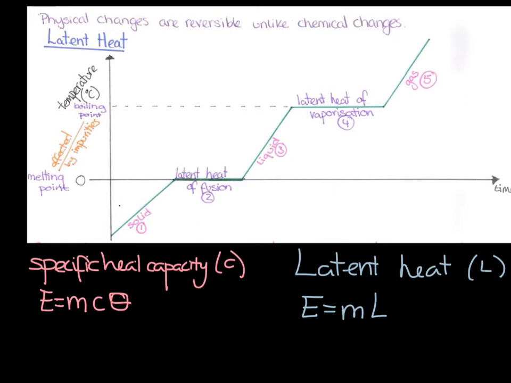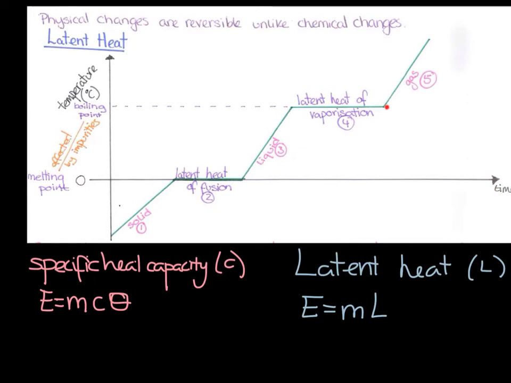Now, we can use this to explain all sorts of things. So one thing you might have heard of before is that a steam burn is worse than a liquid burn. And that's because if you're burnt by a liquid at its boiling point, let's say water at 100 degrees C, a certain amount of water at 100 degrees C contains a certain amount of energy.